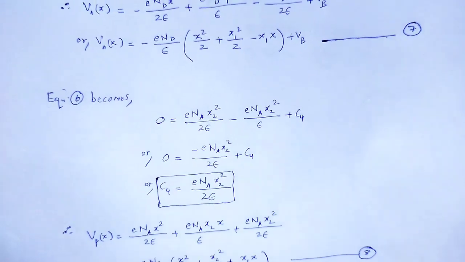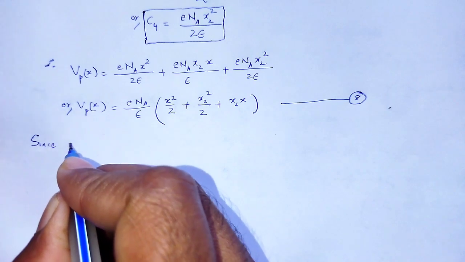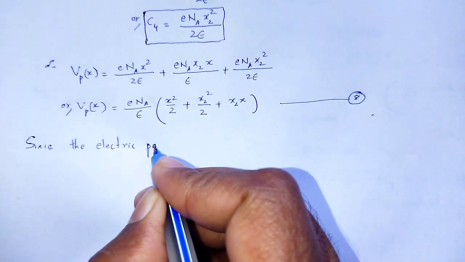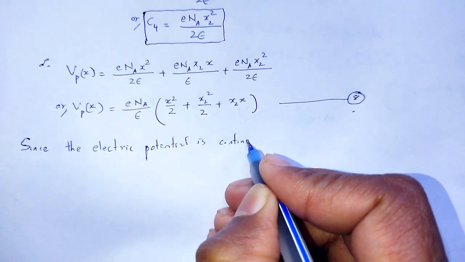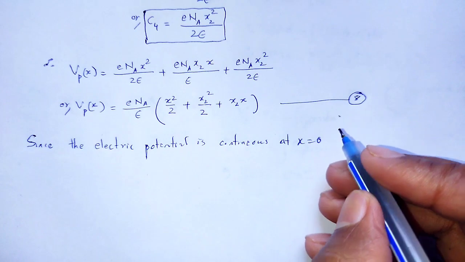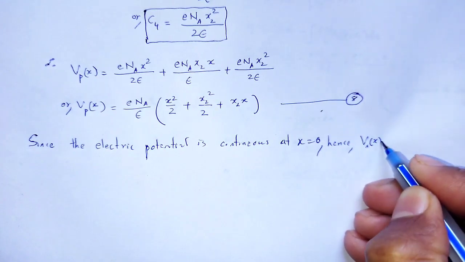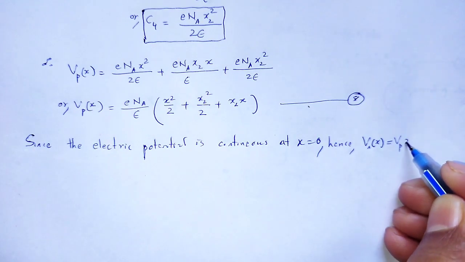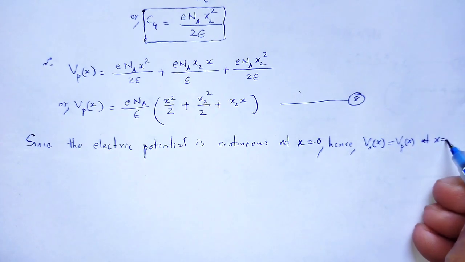on the basis of the constant C3 and the constant C4 we evaluate. Since the electric potential is continuous at x is equal to 0, hence that potential at n region is same as that potential in that of p region at x is equal to 0.